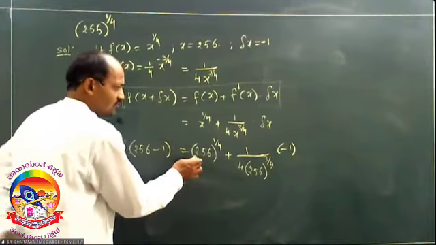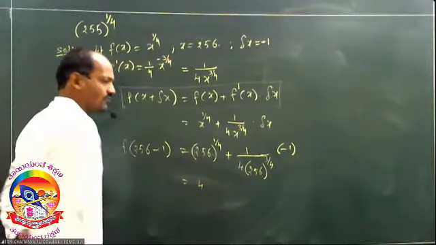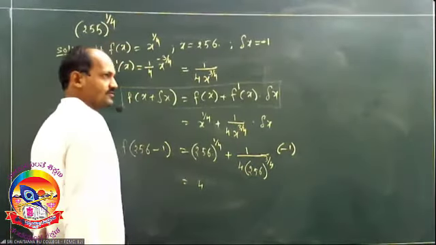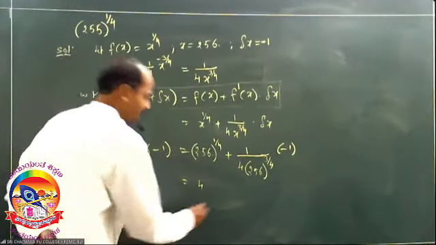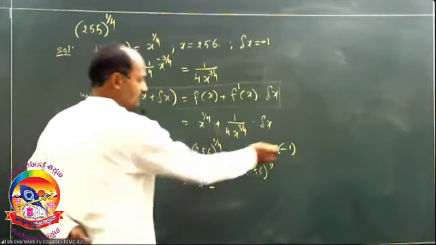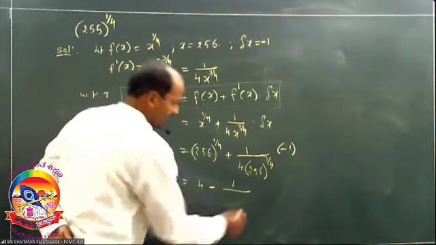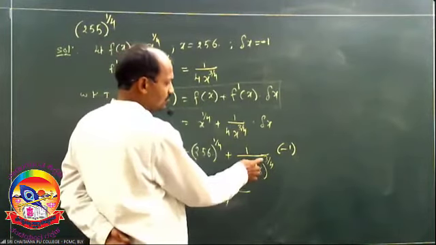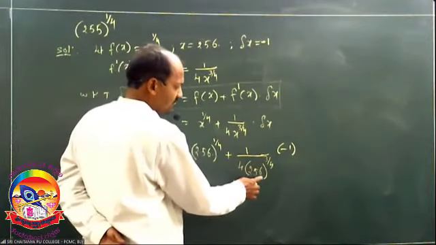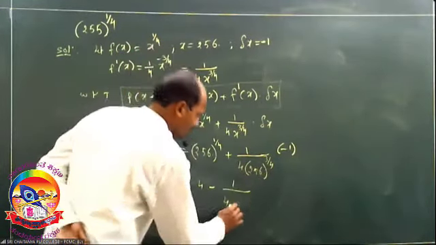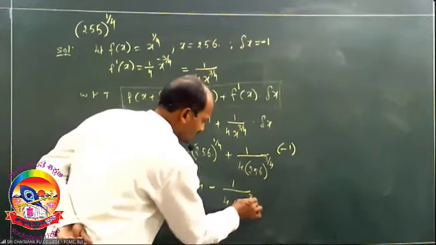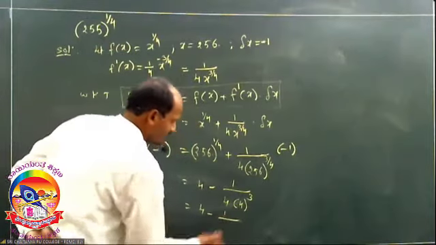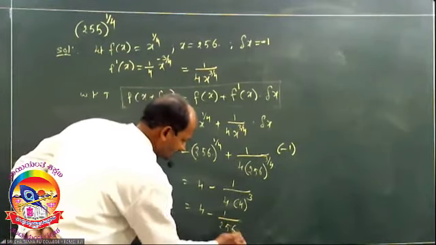Fourth root of 256 is 4, since 4 power 4 whole power 1 by 4. It is 4 plus minus 1 divided by 4 into 256 whole power 3 by 4. 256 whole power 1 by 4 is 4, so power 3 gives 4 cubed. So it is 4 minus 1 divided by 256.